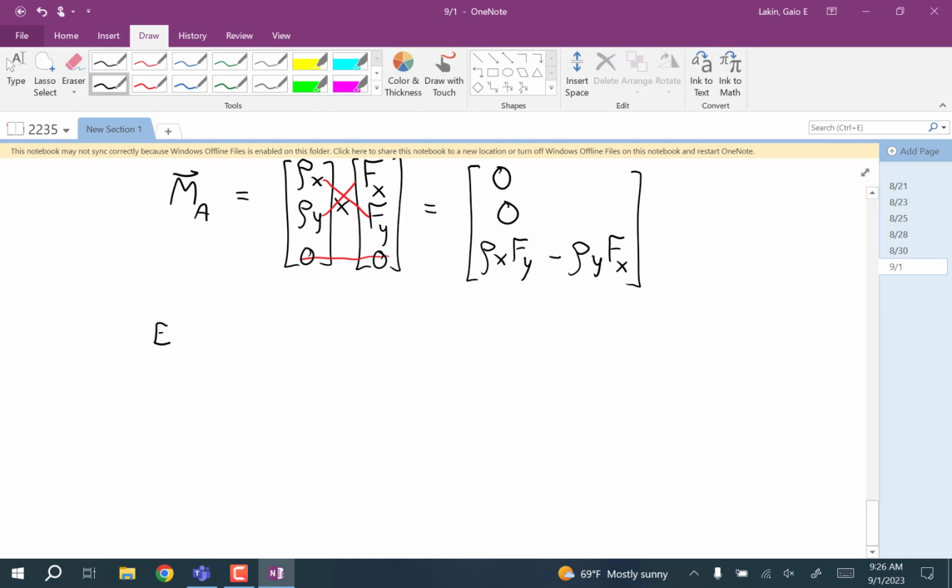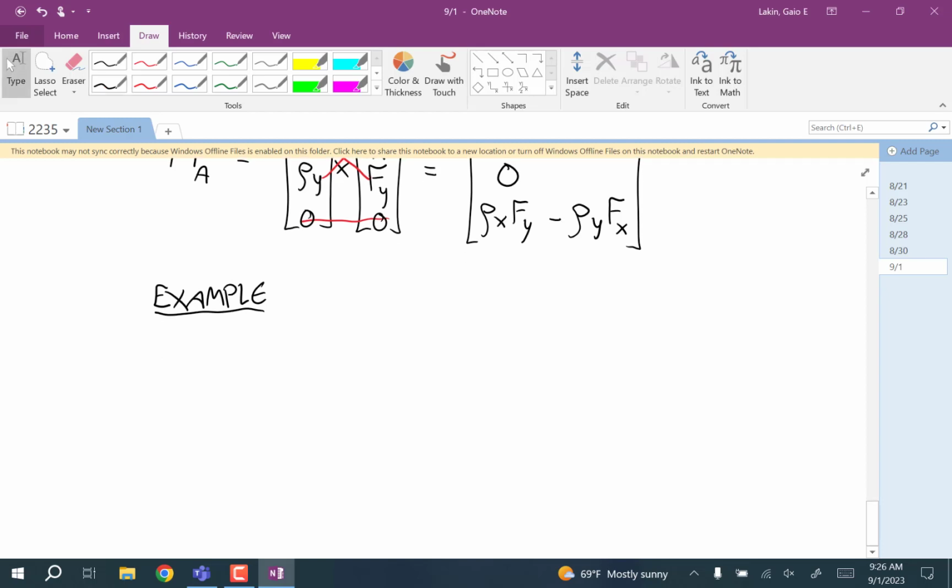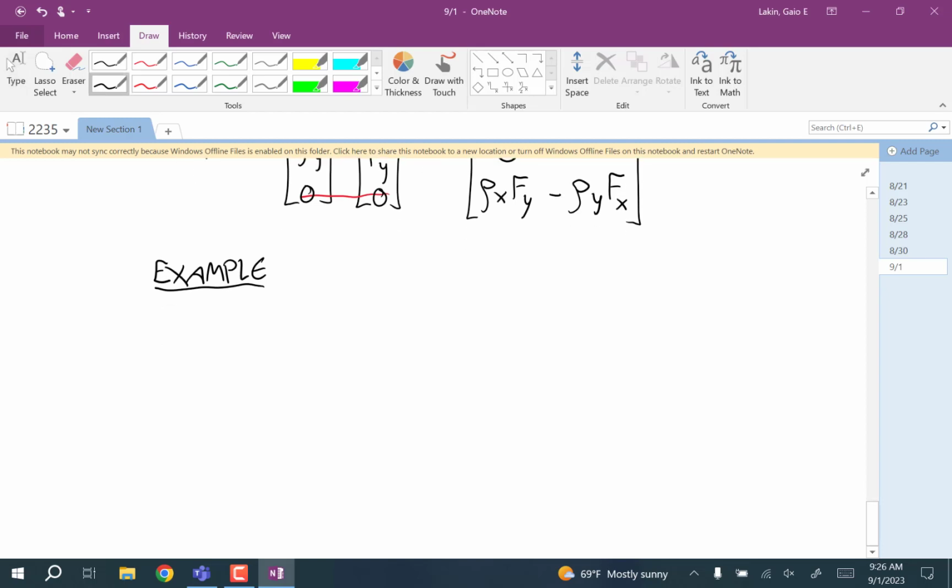All right, let's do an example. Let's say our about point is here. And we have a 20,000 Newton force up and a 10,000 Newton force to the right.